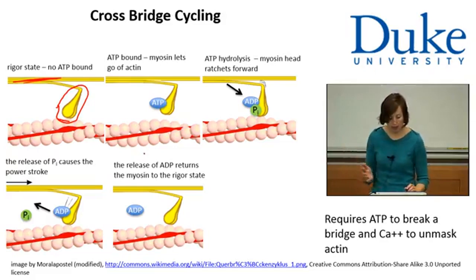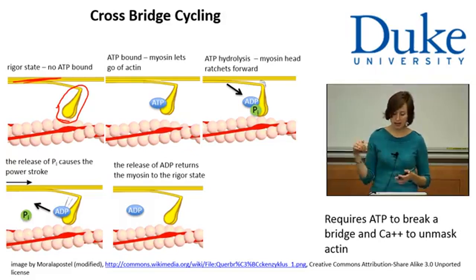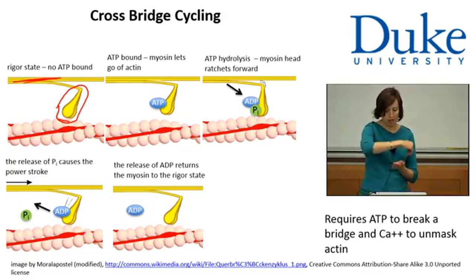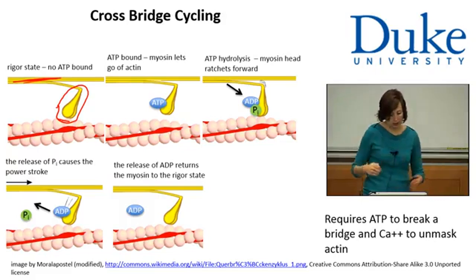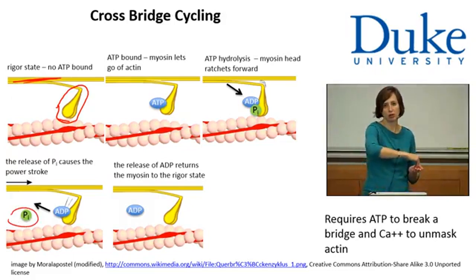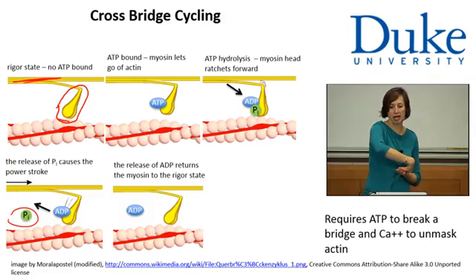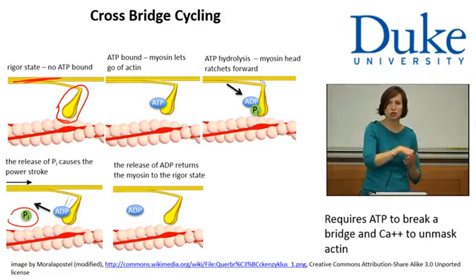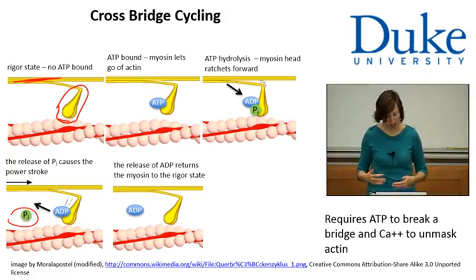Eventually, ATP will bind, and that is going to cause myosin to let go of the actin filament. Then ATP hydrolysis will occur, and that will cause the myosin head to ratchet forward. Then it will bind, and there will be a release of inorganic phosphate that will cause what's called the power stroke. That's a ratcheting of the myosin head that is going to cause it to have walked up closer to that Z line in order for contraction to occur.